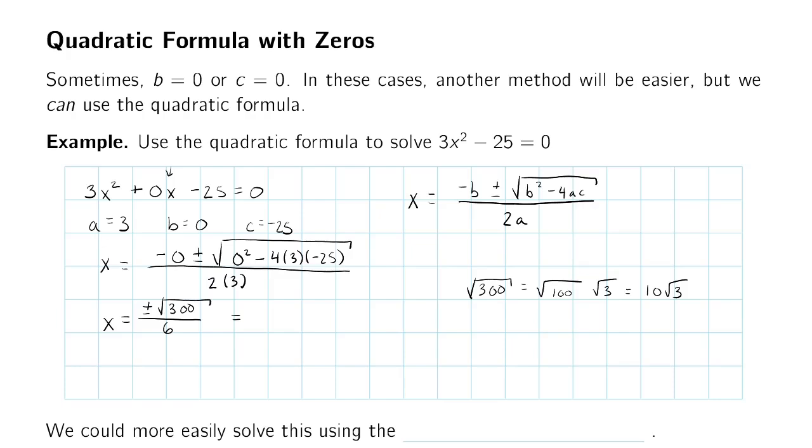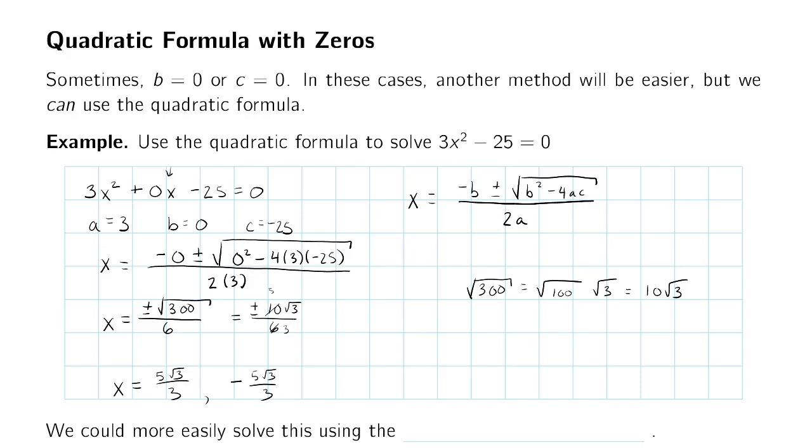So my x is plus or minus 10 times the square root of 3 over 6. 10 and 6 have a common factor of 2. So I'm left with my two solutions being x equals 5 root 3 over 3 or negative 5 root 3 over 3.